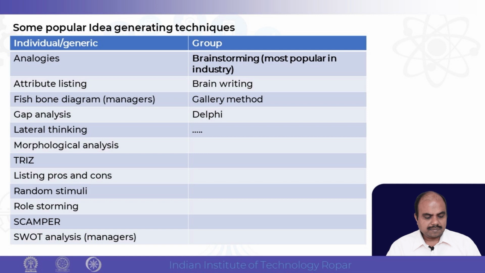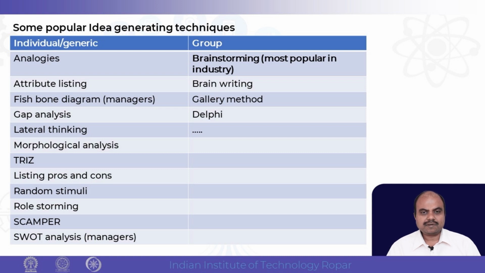Random stimuli is another interesting method where researchers have found that sometimes, when the problem is very difficult and you give random stimuli to the designers, sometimes, not always, they can find really innovative solutions. So this method is very innovative.